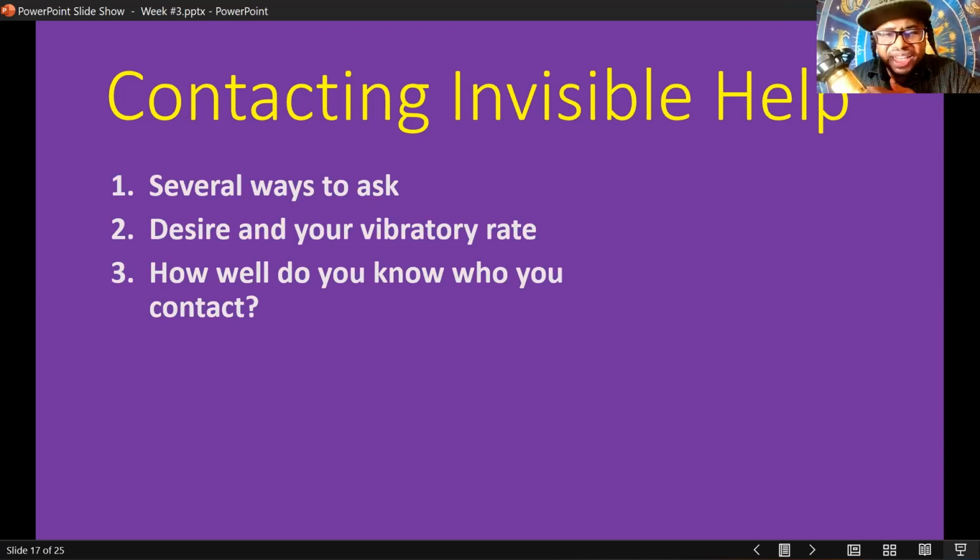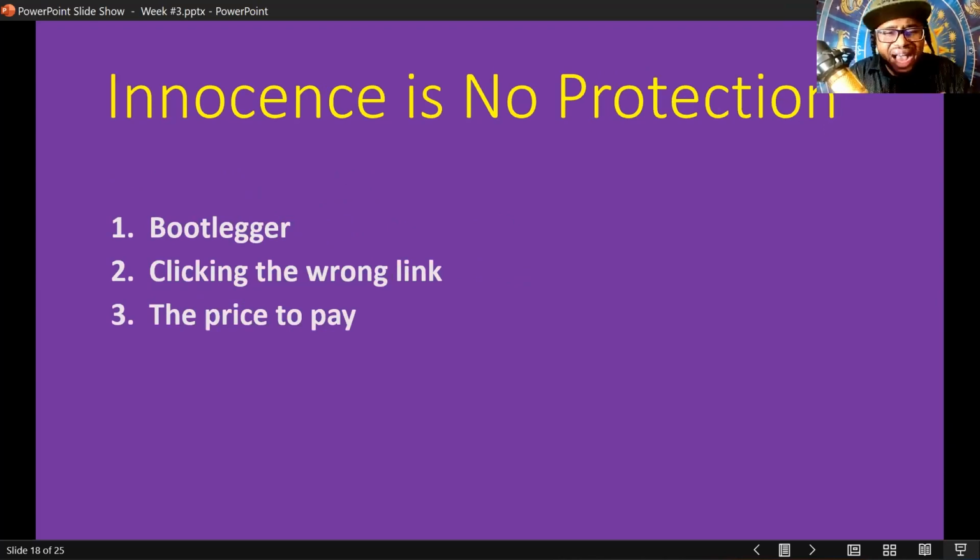And both of these two things go in contact with each other, because it tells us that innocence is no protection. While your soul may be okay, your experience is going to be reflective of your action. Your experience is going to be reflective of what manner and what way you traveled there. Your experience is going to be reflective of where you traveled.